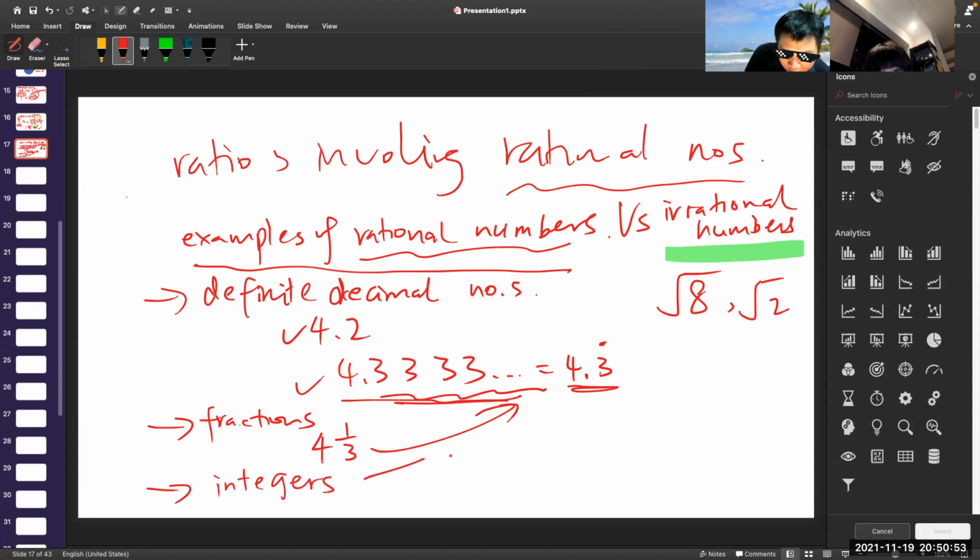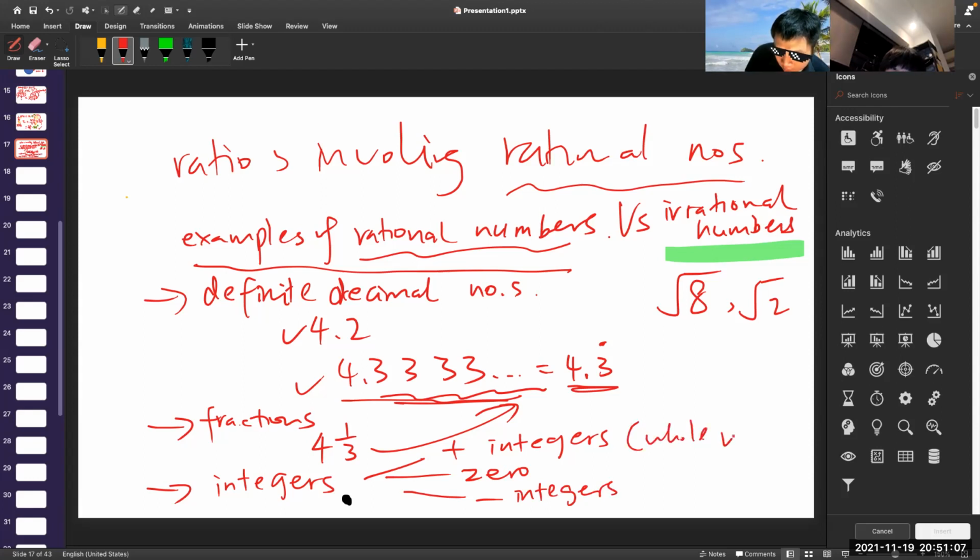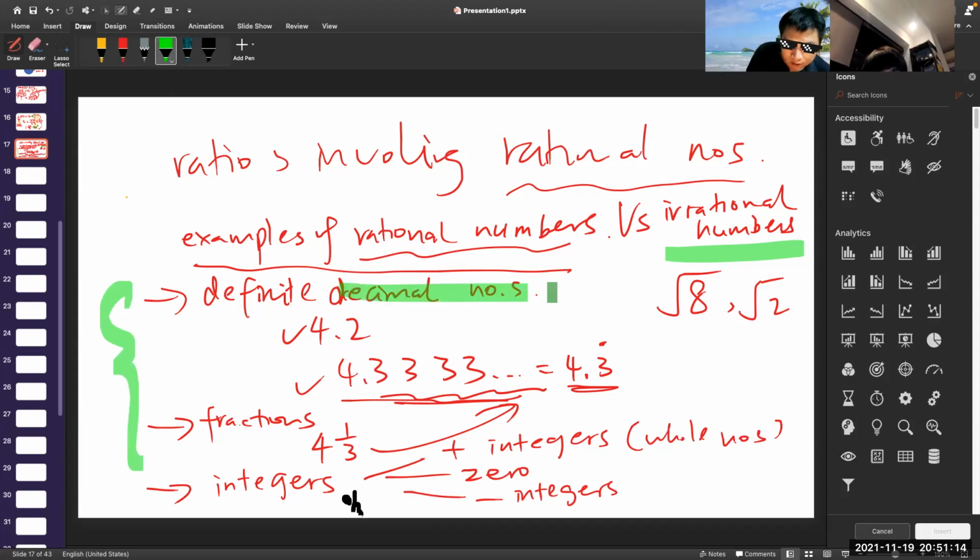And then of course you have integers. For integers, you have positive integers, and then you have the 0, and then you have the negative integers. Then for positive integers, they are called whole numbers. So this is what I call you have a system. So first, decimal number, fractions, and then integers.